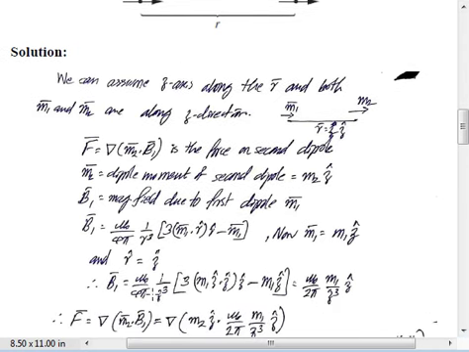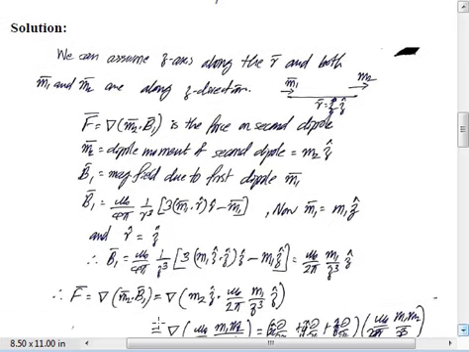Therefore our equation B1 is equal to mu 0 by 4 pi into 1 by z cube, since r is equal to z, into 3 into m1 z cap dot z cap into z cap minus m1 z cap. z cap dot z cap is 1. So 3 m1 z cap minus m1 z cap becomes 2 m1 z cap, and 2 and 4 cancel. Therefore we get mu 0 by 2 pi m1 by z cube into z cap.